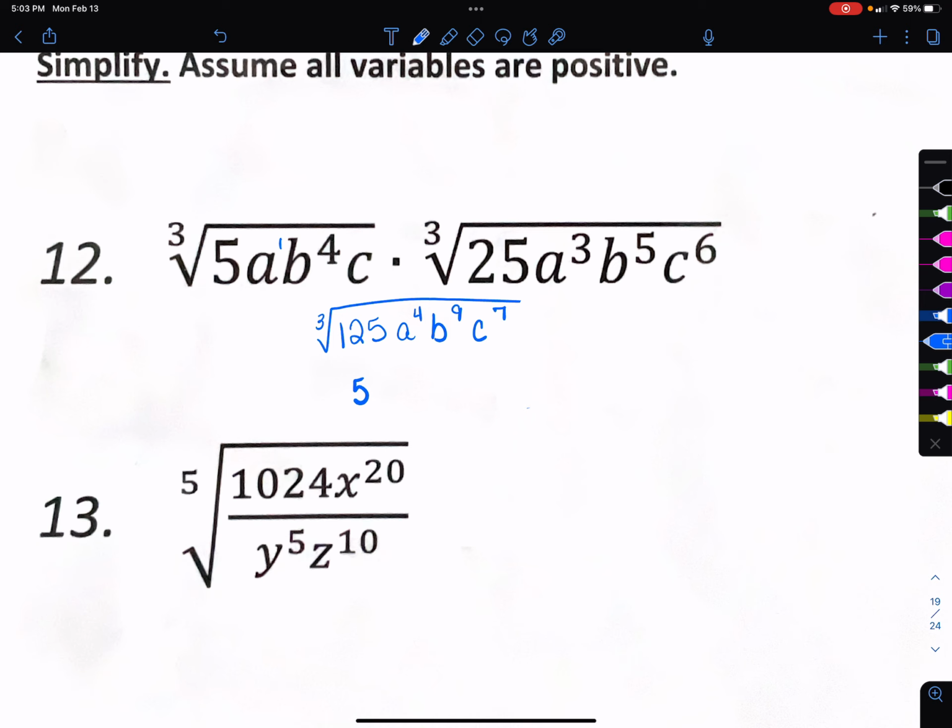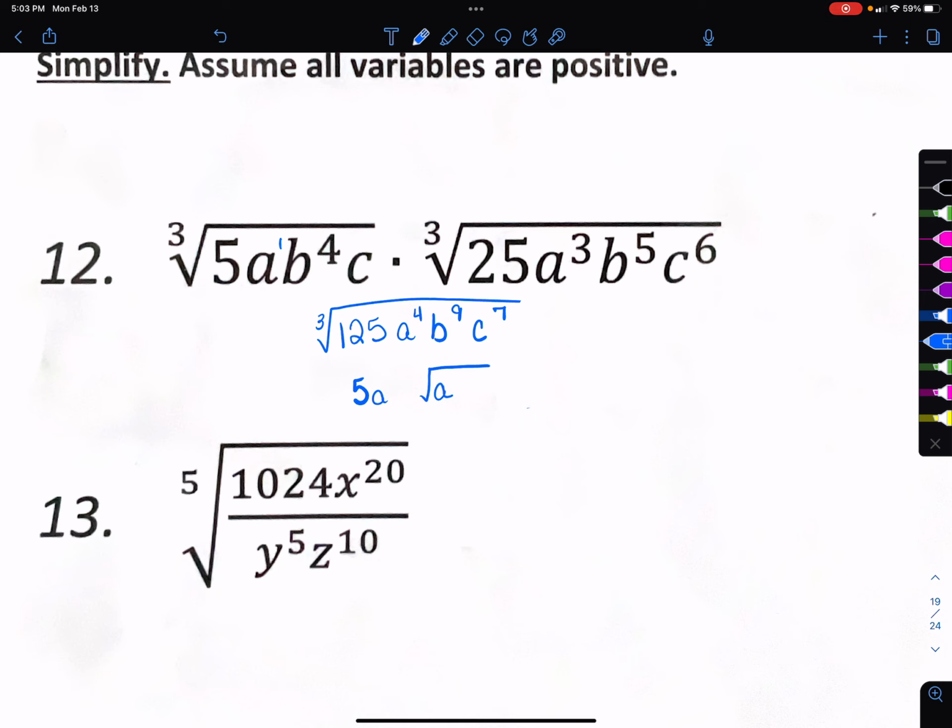Well, we cannot do 4 divided by 3, but I can do 3 divided by 3. So if I had a to the third, I could do a to the third divided by 3, and that would give me a to the first. However, a to the fourth is 1 more than a to the third. So that means I have an a remaining underneath the radical.